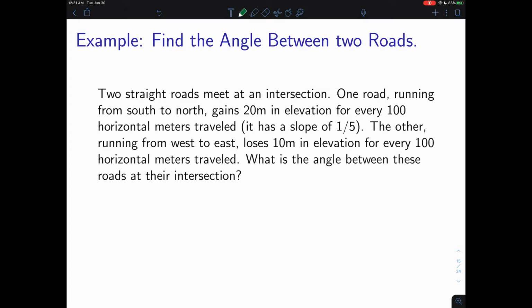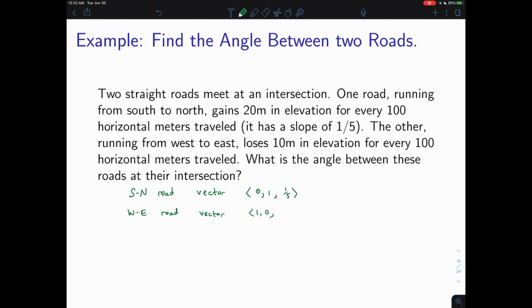So the south-north road, its vector would be going 0, 1. That would be pointing straight north, right in the y direction, but it's sloping up at 1/5. And then the west to east road, that's going along the x-axis, right?